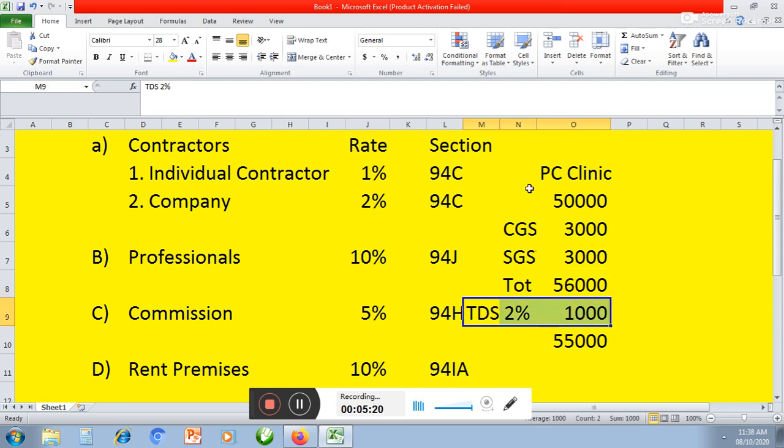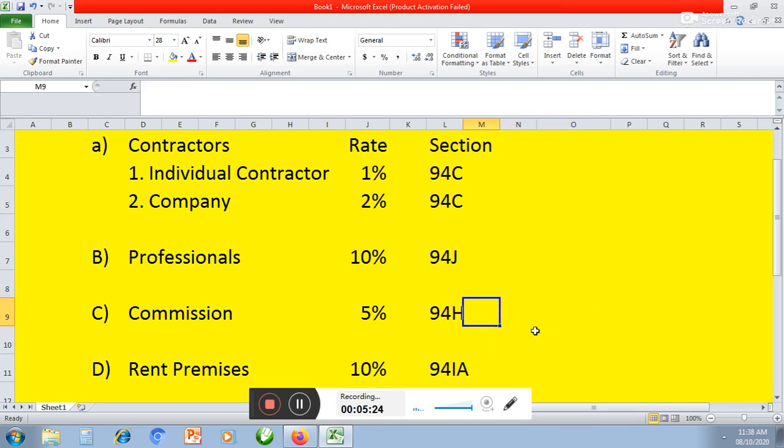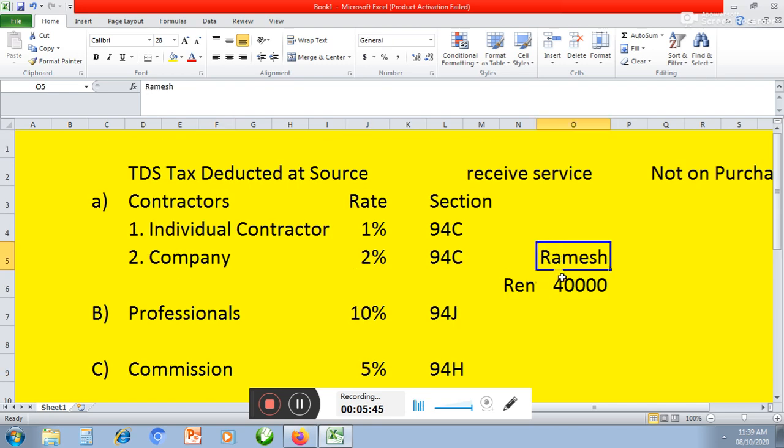Now similarly, I'll give one more example. Suppose my office is on rent, and I am paying 40,000 rent to Ramesh. For rent there is a deduction, because I am receiving this service from Ramesh.